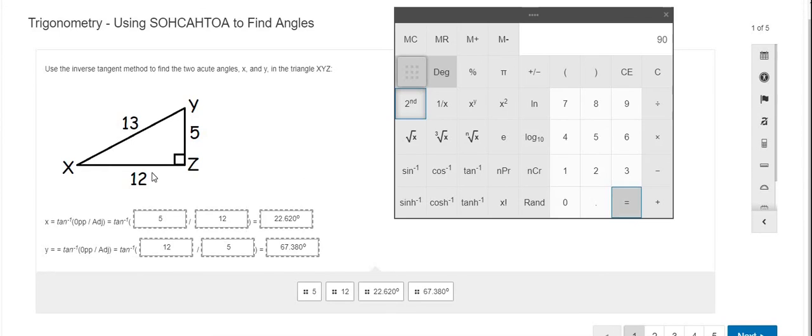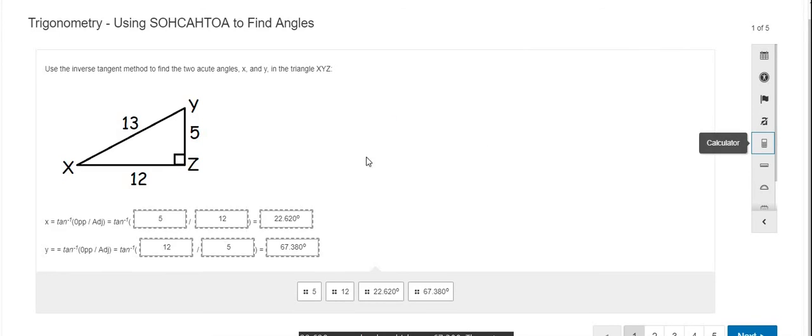That's because angle X, which was 22.620, and angle Y, which was 67.380, are complementary angles. Complementary angles add up to 90 degrees, which we just showed.